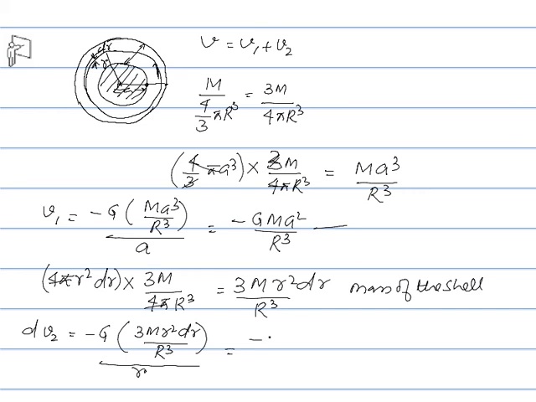So this becomes equal to minus 3 G m, this r cancels out, r dr by r cube.